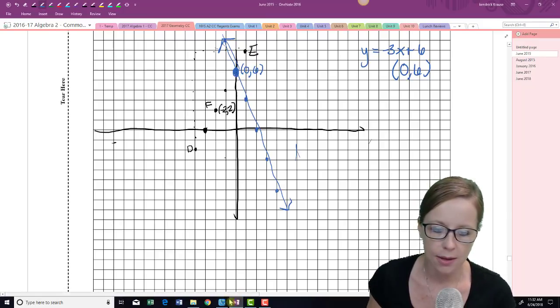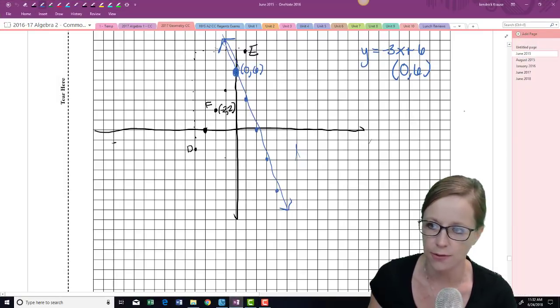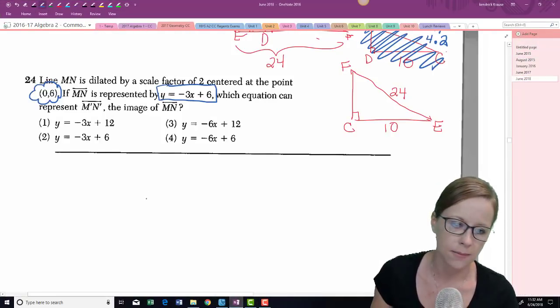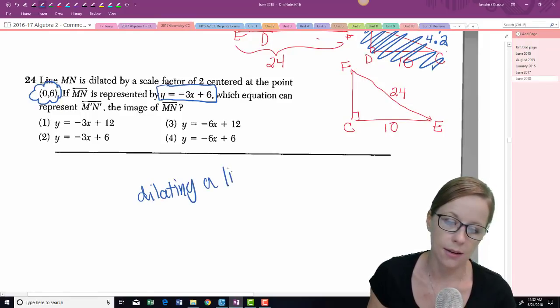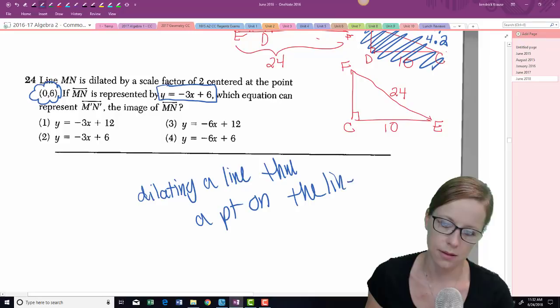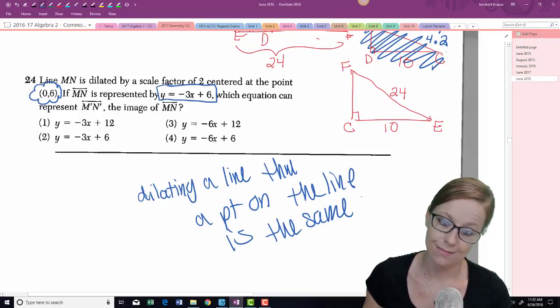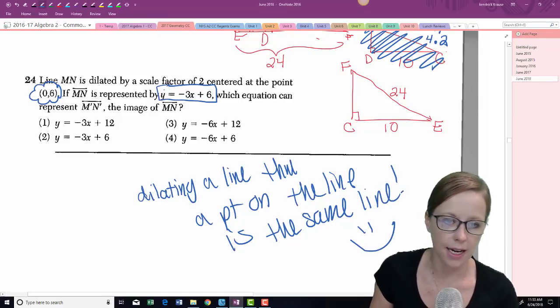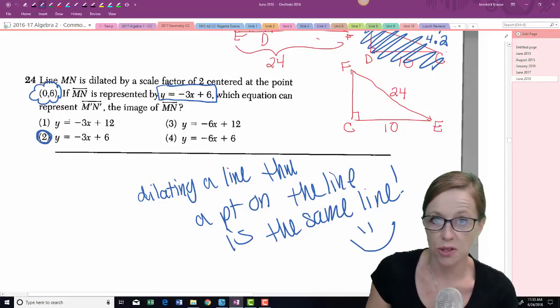So dilating a line through a point on the line is the same line. That's a fact you have to know. So if you know that fun fact, then you go, oh, it's right here. That's it. It's over.